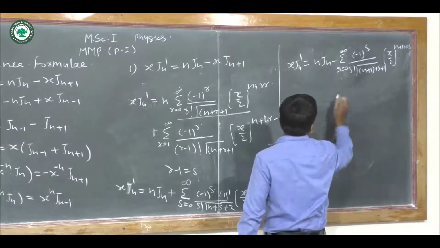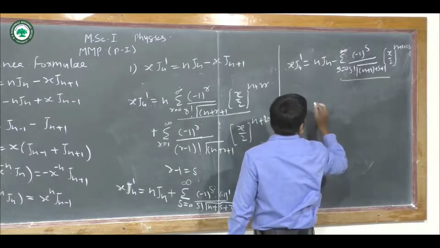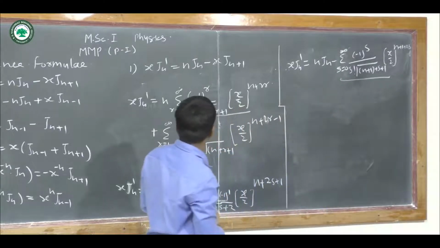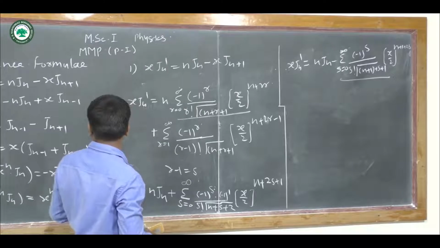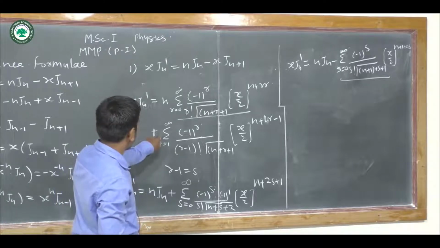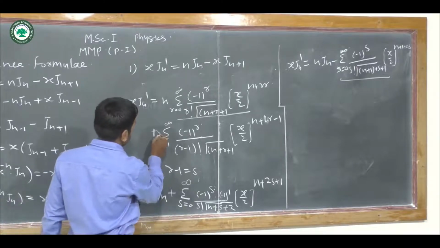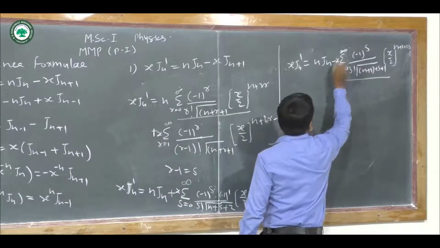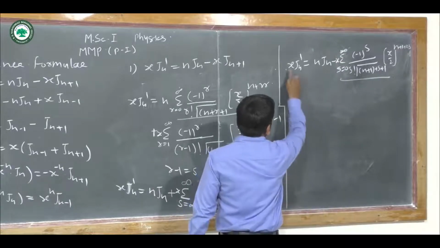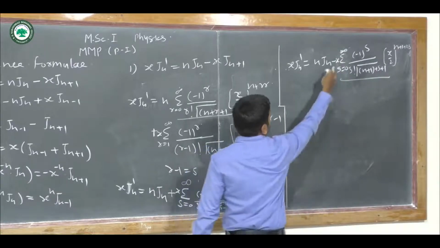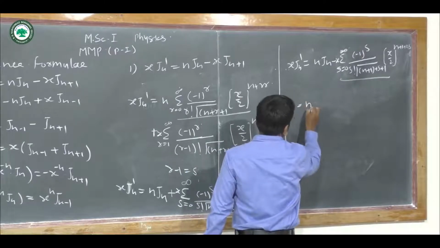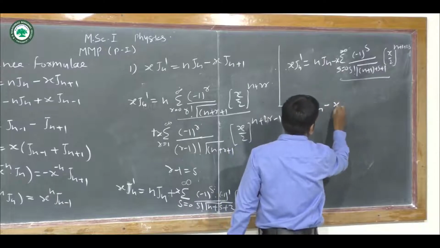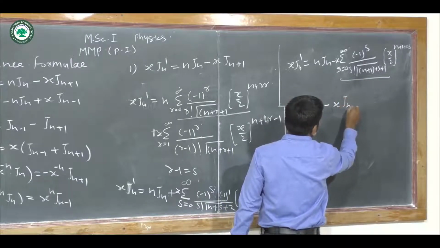So these expressions, we can write... something is missing. The x is here, that we already multiplied here, x. This x we multiplied, so it is equal to n Jn, and this expression we can write minus x into Jn plus 1.